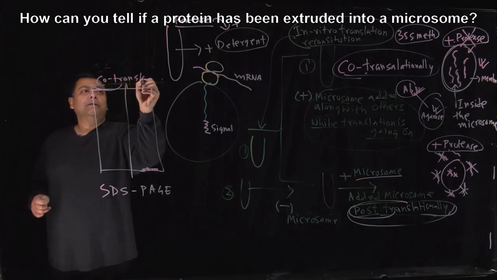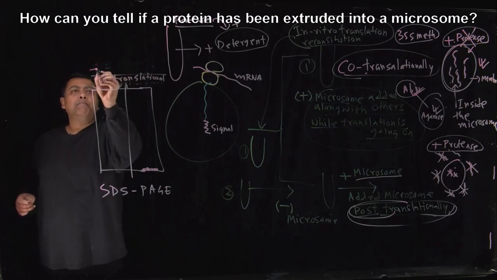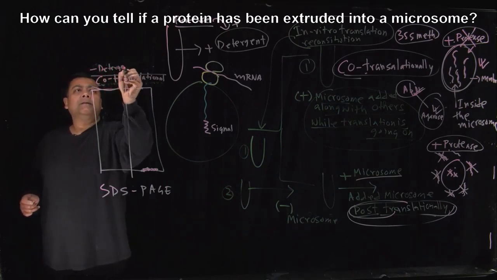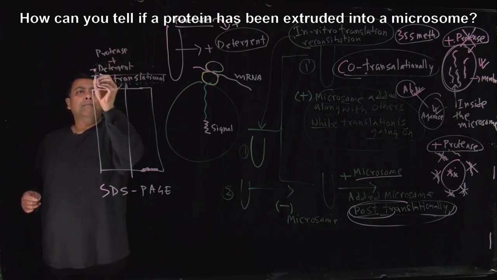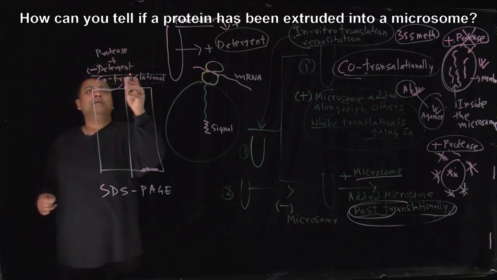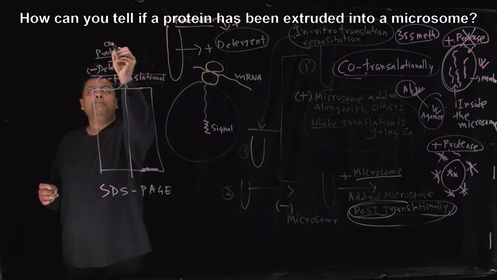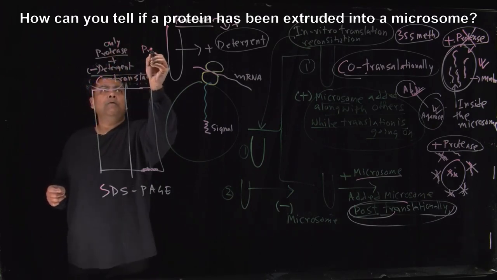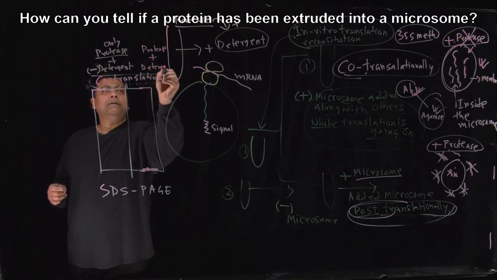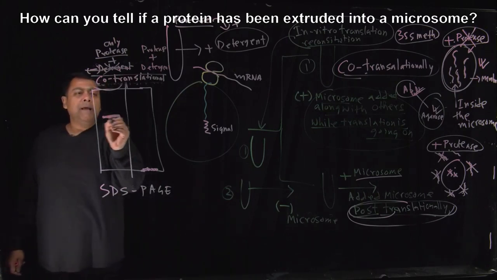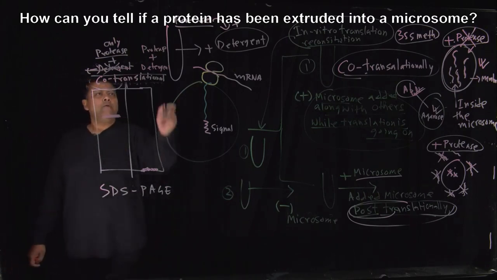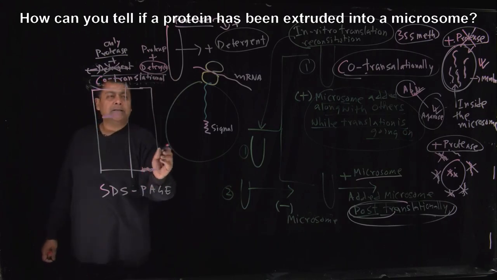One is minus detergent, so you do not have any detergent, just only protease essentially. And this is protease plus detergent. So without any detergent, only protease, you are going to find the band right here where you found it before.